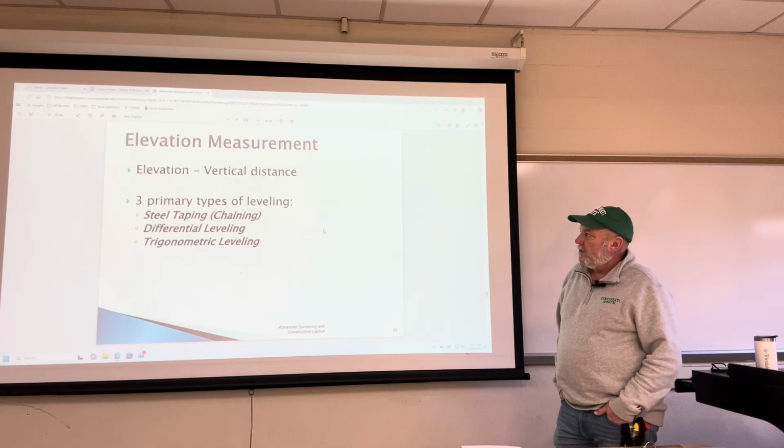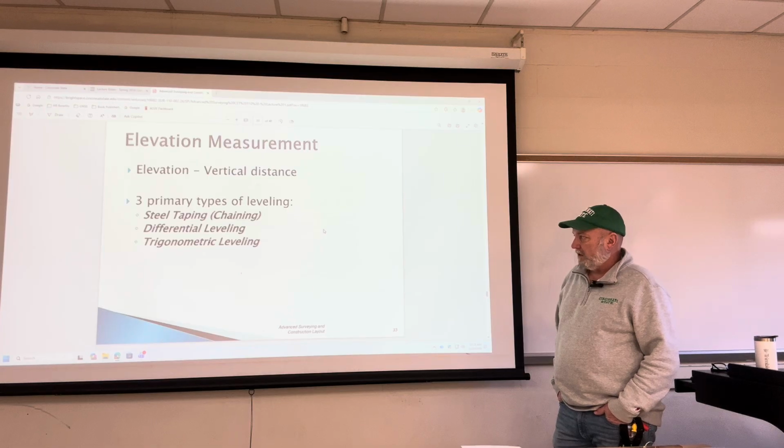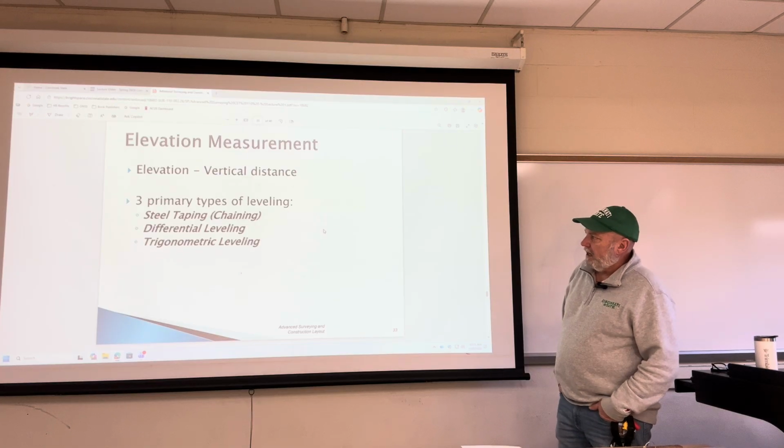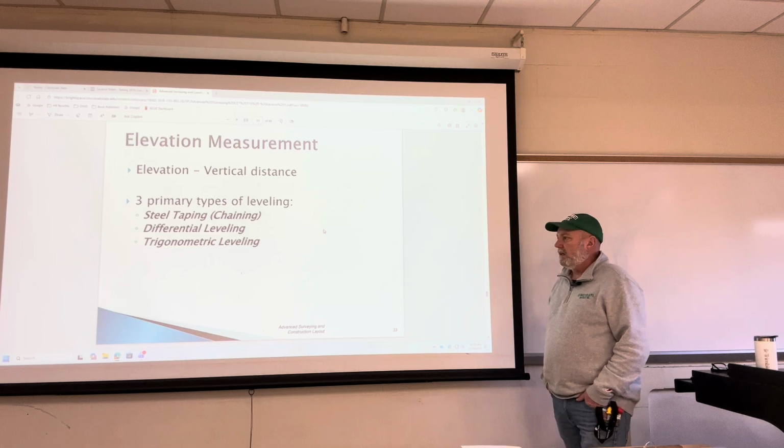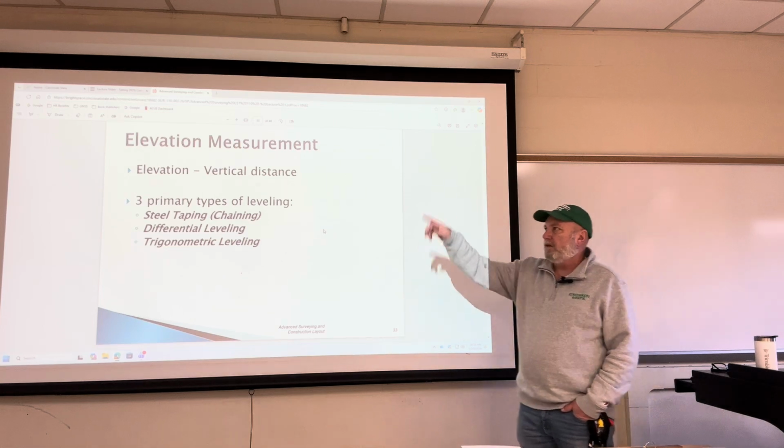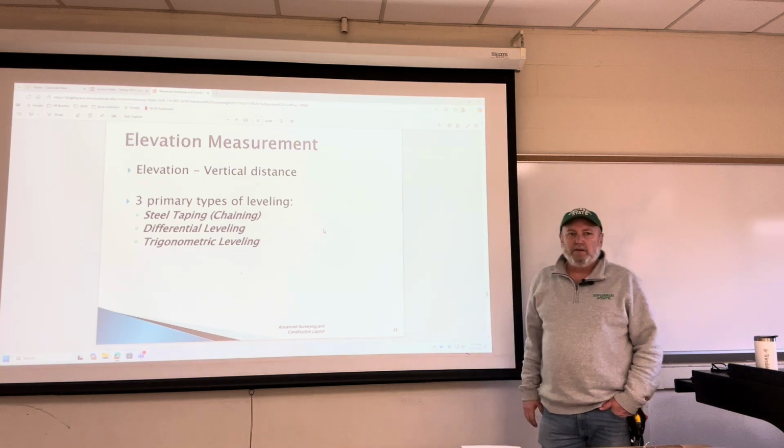Elevation is the vertical distance. Three primary types of leveling: steel taping, differential leveling, and trigonometric leveling. I would say for the steel taping, that would basically be like putting a tape measure from the floor to the ceiling to measure how tall the wall is.